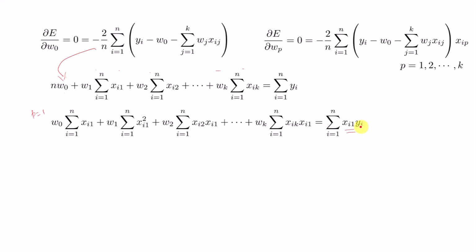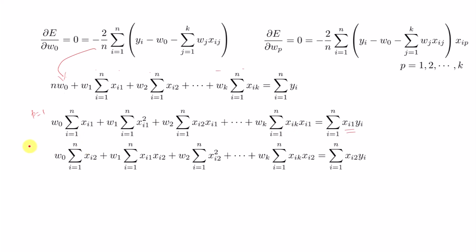It goes on the right hand side. On the left hand side, I have w0 multiplied by xip, p equals 1. So summation of xi1, w1, then xi1 will be multiplied, so xi1 square, then w2. xi2 was already there, as you can see here. Now it is multiplied by xi1. Similarly, xik, which was already there, is multiplied by xi1. This gives my second equation.